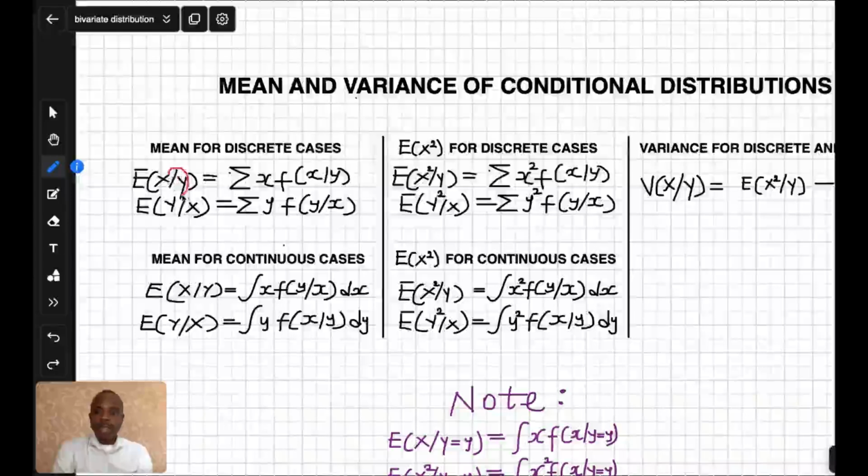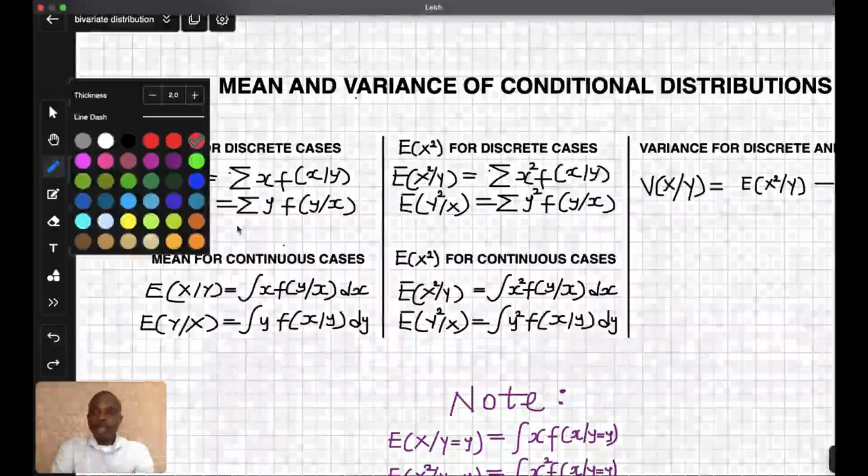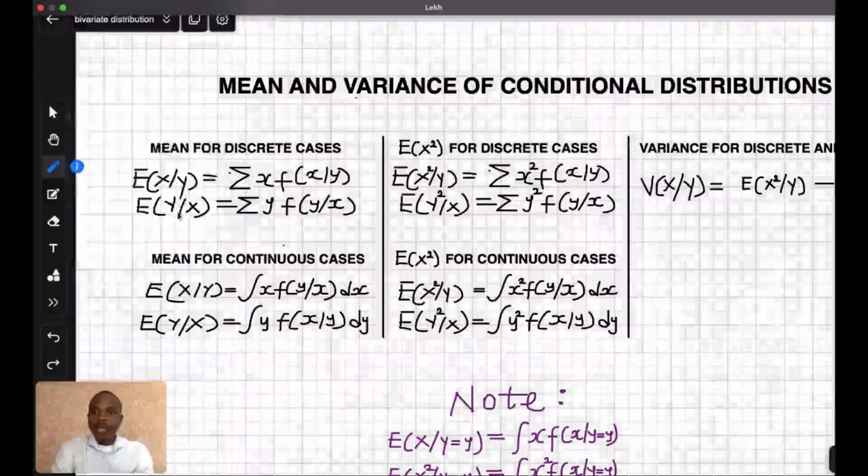So that's the difference, the slash and the y that is showing here, the slash and the x that is showing here. All right.